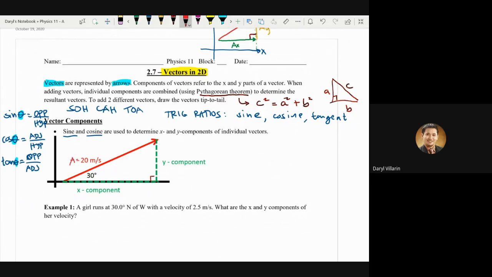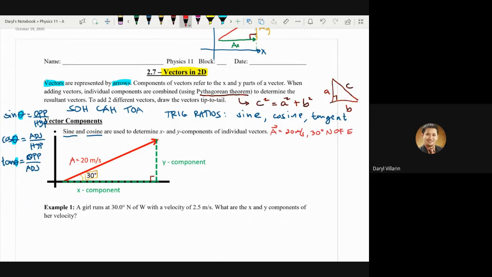That would just be 20 meters per second, the length of this line here, and its direction is given by 30 degrees north of east. So again, that particular vector is 20 meters per second, that's the magnitude, and the direction is 30 degrees north of east.